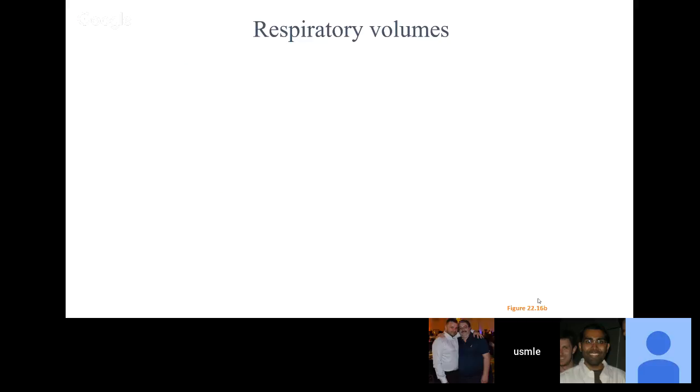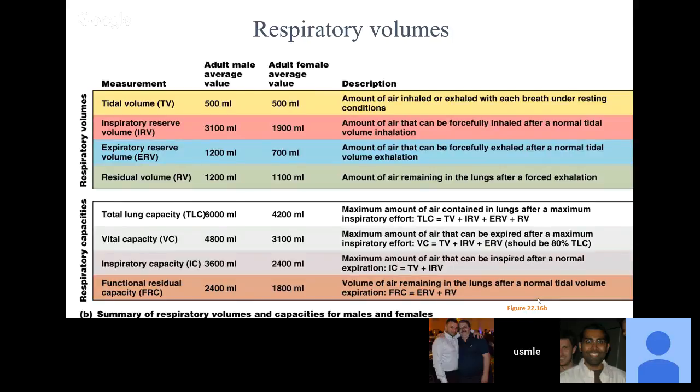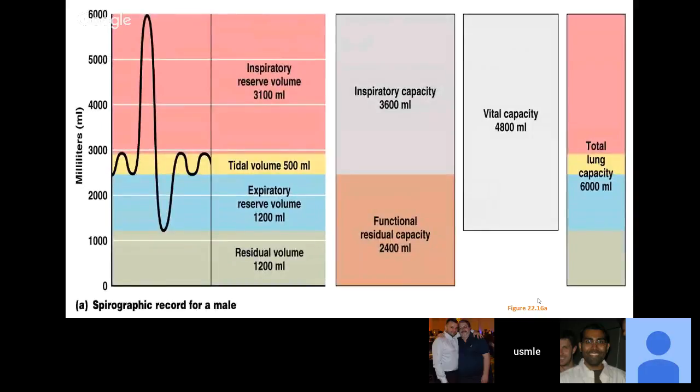Okay, so respiratory volume. The formulas that come from it are super important for you to know because you're going to have calculations to do about this. They have many types of scenarios. To understand better, it's better to understand this type of graph.